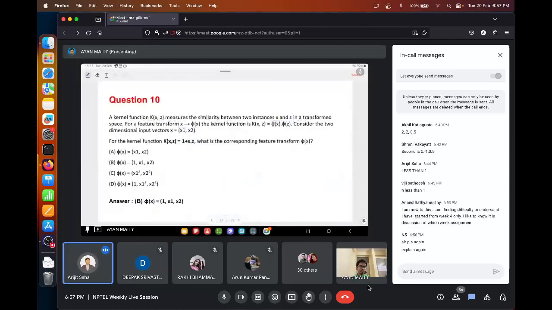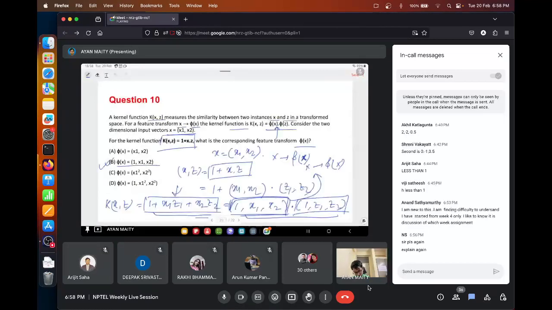The cross terms x1 z2 are not possible in this dot product. After the dot product we only get x1 z1 and x2 z2; x1 z2 will not be there. I don't need that, because the original kernel is 1 plus x1 z1 plus x2 z2.